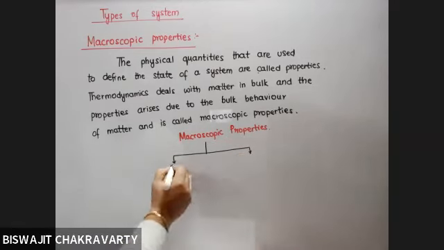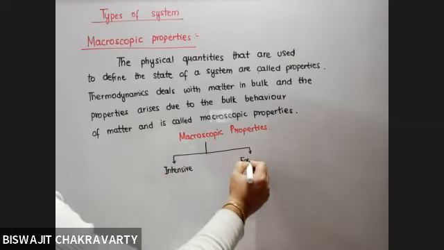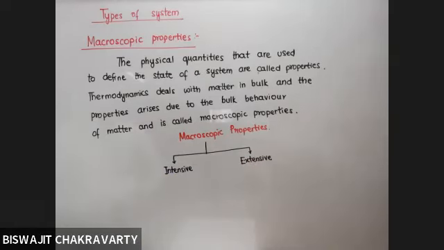One of them is called intensive properties and the other is called extensive properties. So we shall discuss them in detail now. First, you write down up to this much. Intensive properties and extensive properties.